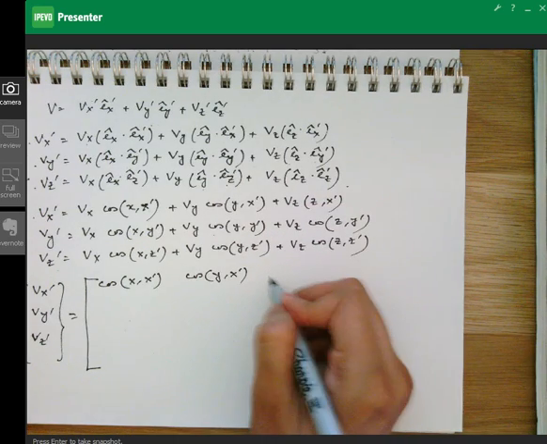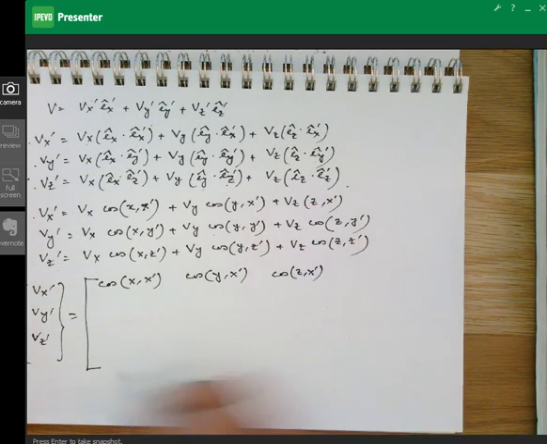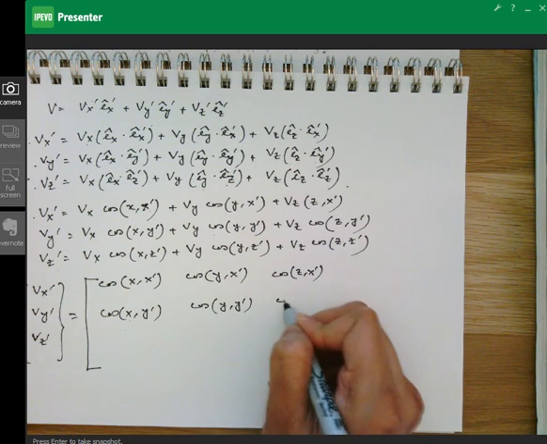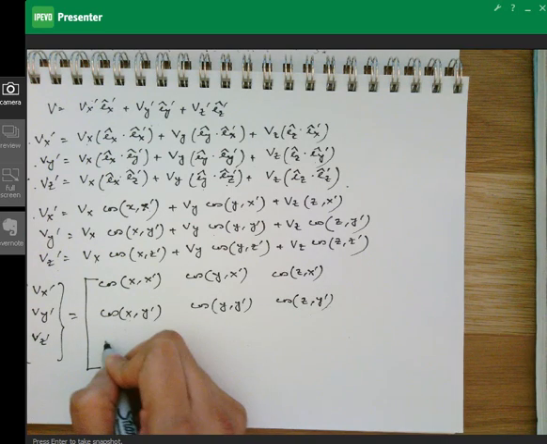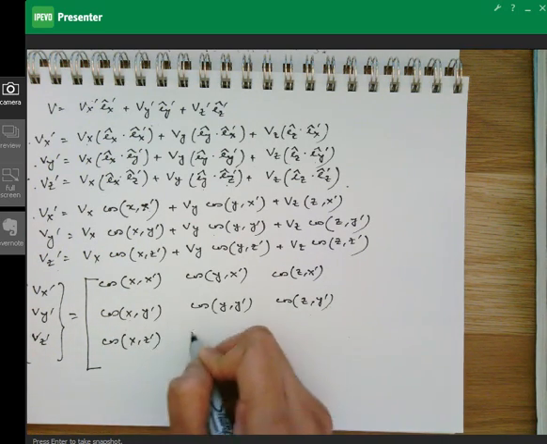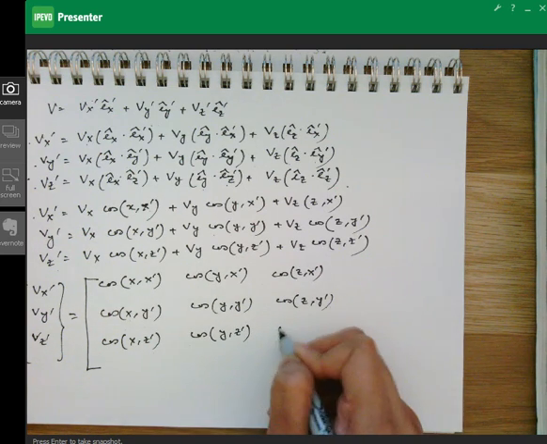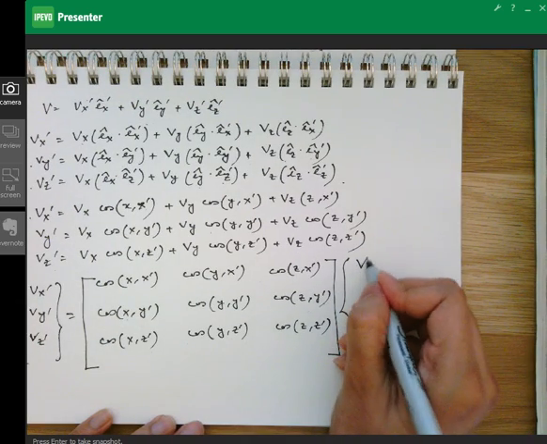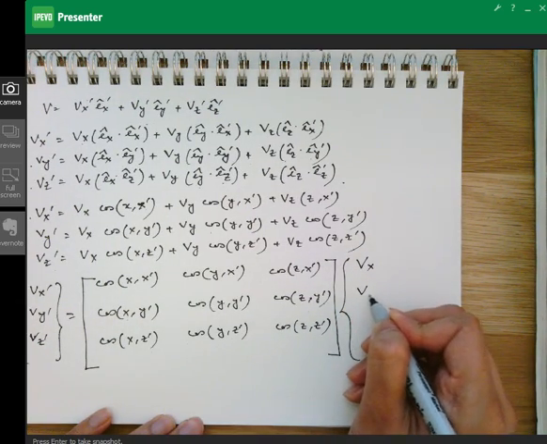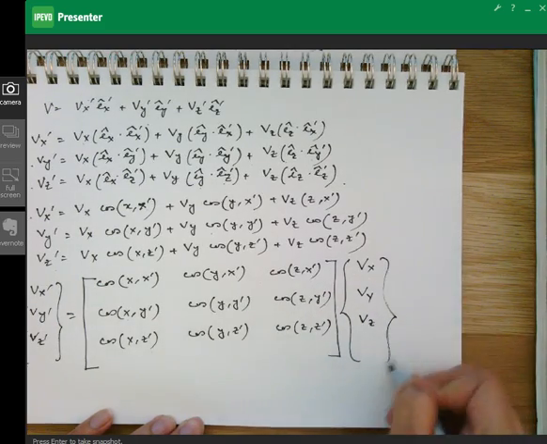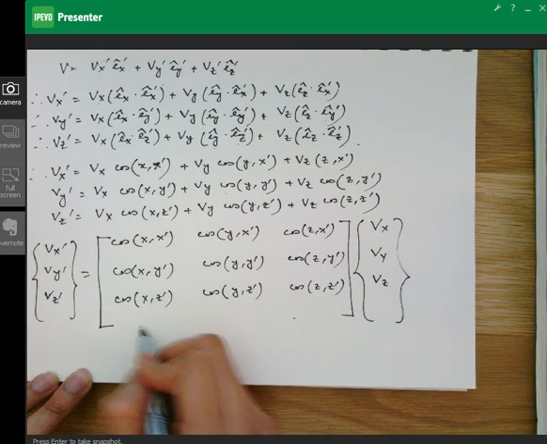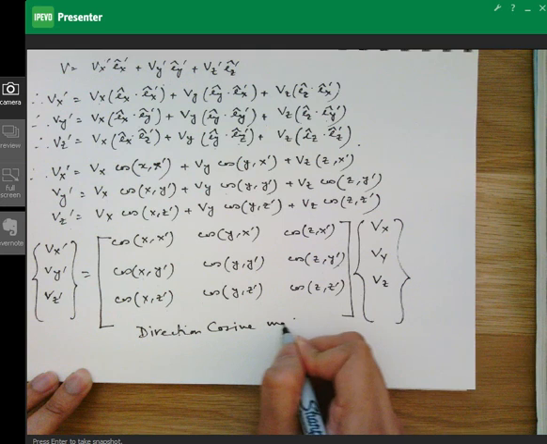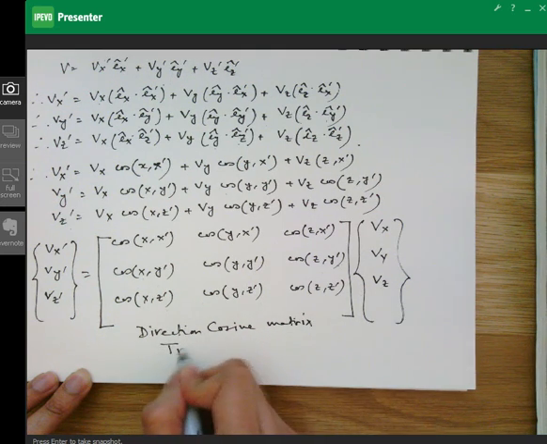Just writing the above equation in matrix form, guys: cosine of the angle between x and x prime, y and x prime, z and x prime; cosine of the angle between x and y prime, y and y prime, z and y prime; cosine of the angle between x and z prime, y and z prime, z and z prime, times the original components in the xyz direction, vx, vy, vz. And this is the transformation matrix, also called the direction cosine matrix.